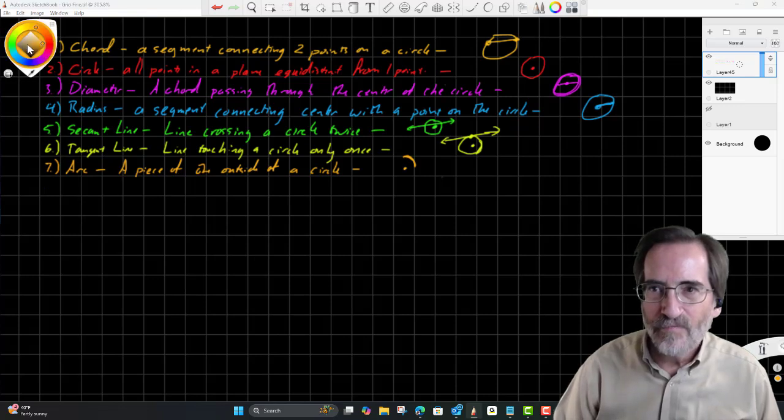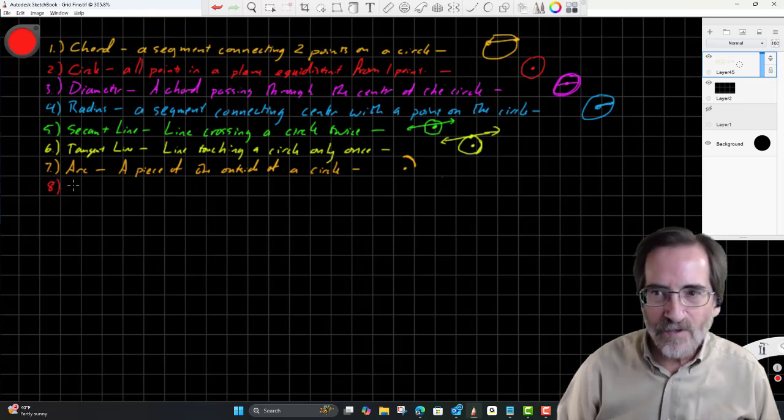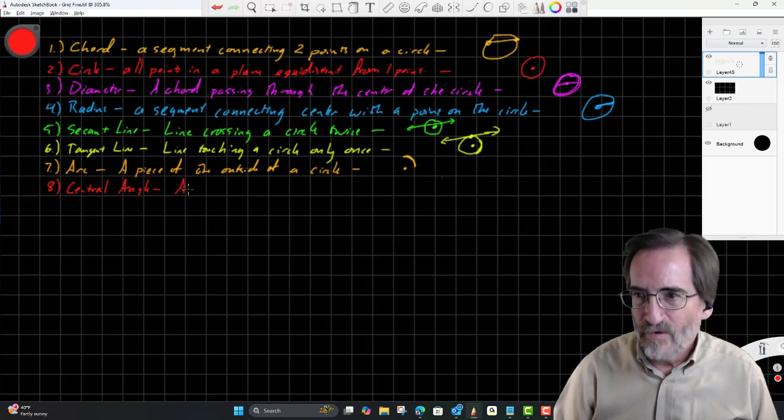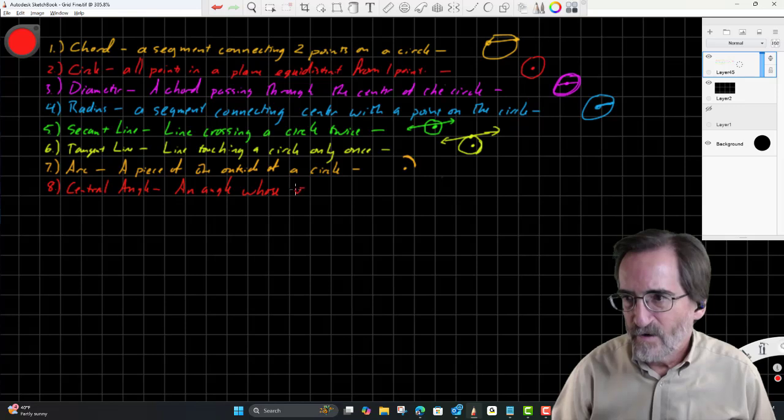Number 8. Central angle. An angle whose vertex is the center of the circle.